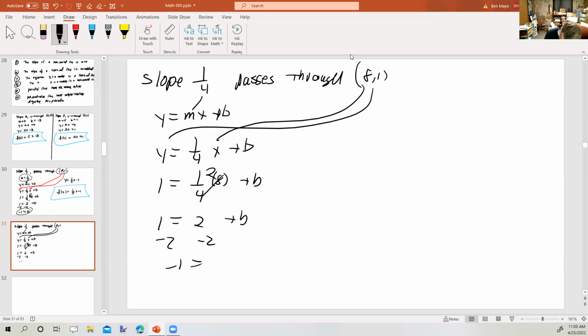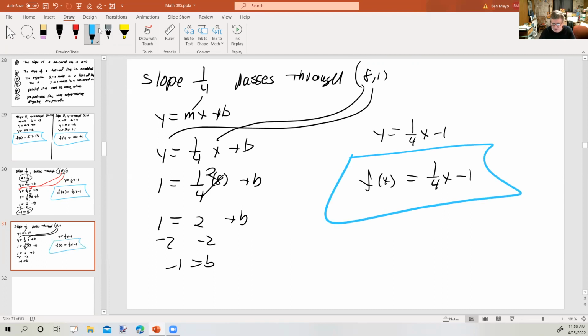Subtract 2. -1 equals b. So y equals 1/4 x minus 1. F of x equals 1/4 x minus 1. Very much like the previous problem. Any questions about that example? Okay.